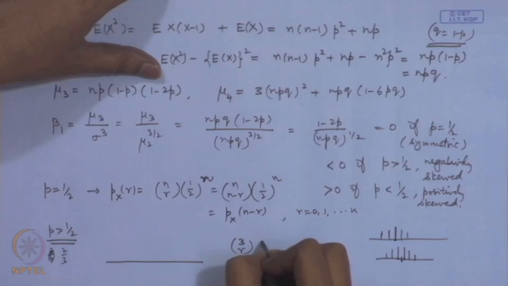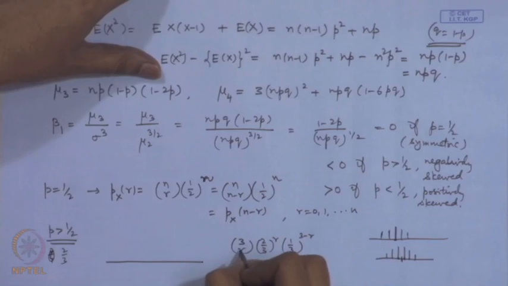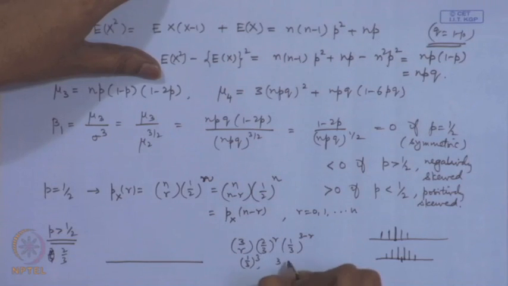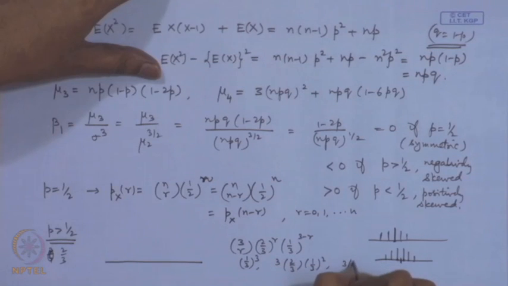So, then this becomes 2 by 3 to the power r, 1 by 3 to the power 3 minus r. Now, corresponding to r is equal to 0, this value will become 1 by 3 cube. Then next value will become 3, 2 by 3 into 1 by 3 square, then 3, 2 by 3 square, 1 by 3 and 2 by 3 cube.